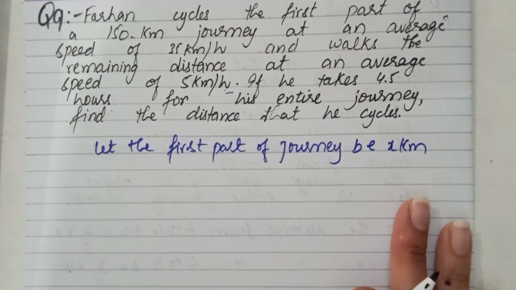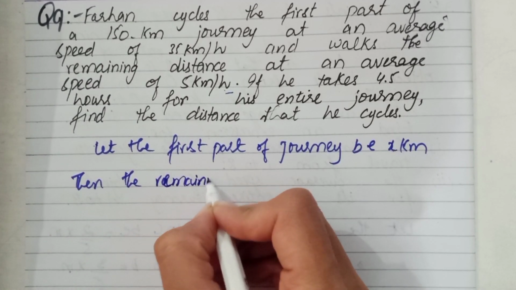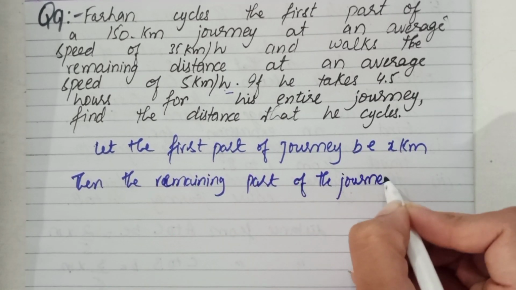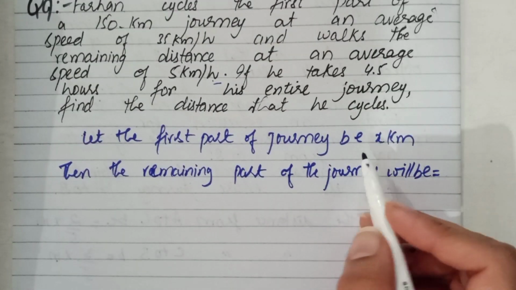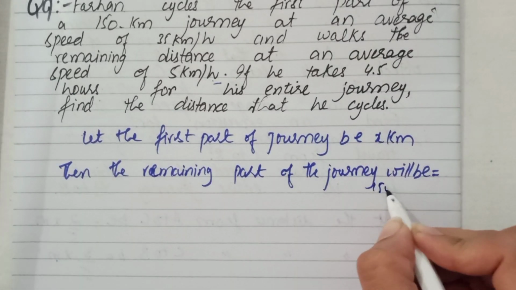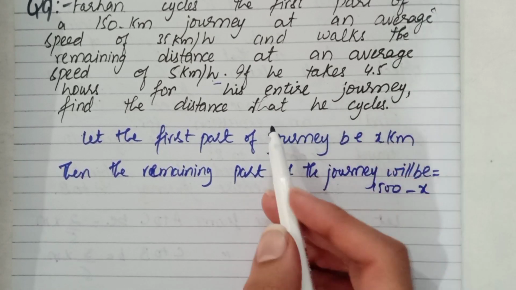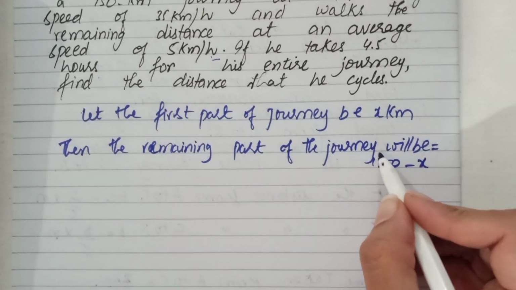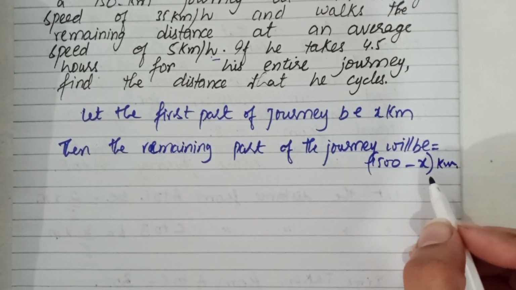Then the remaining part of the journey will be, we have to subtract the first journey and we get the remaining journey, which is 150 minus x, because we suppose it, and we also have to find the distance that he cycles. And this is 150 minus x kilometers.